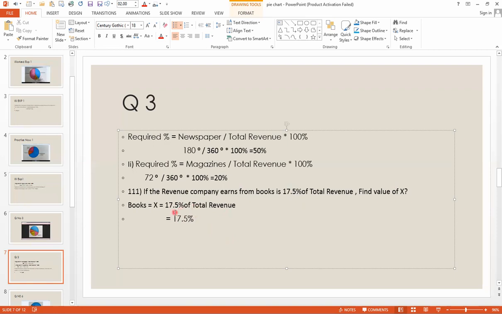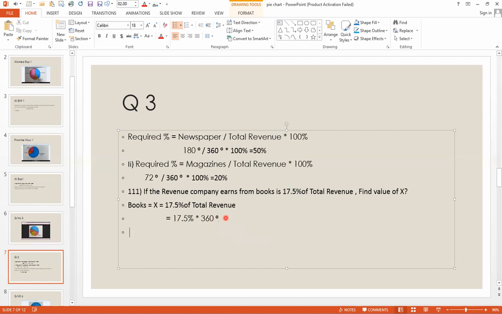So in math, instead of writing of, which mathematical operation do you usually use? Multiplication. So instead of writing of, I put this multiply sign. Total. Whenever the word total is used in a pie chart, which value do you write? You write 360 degree. Is it clear up to here?